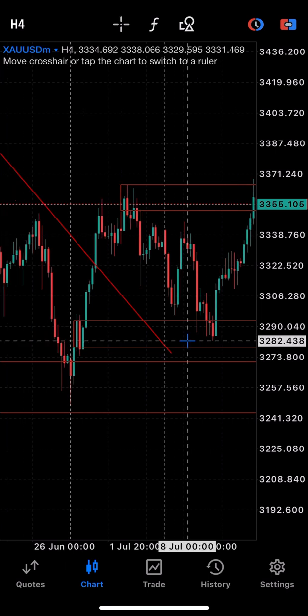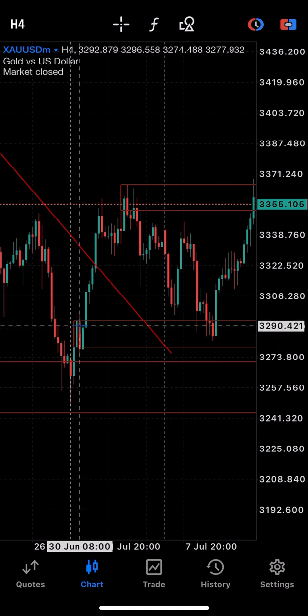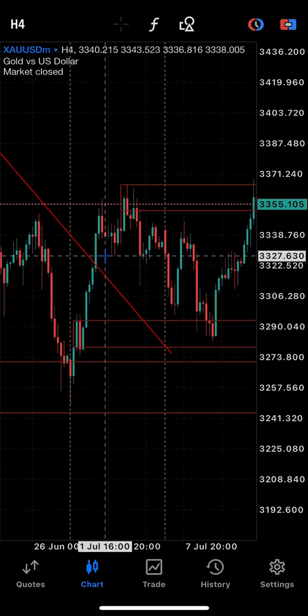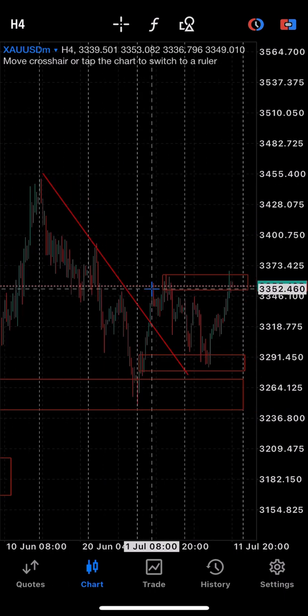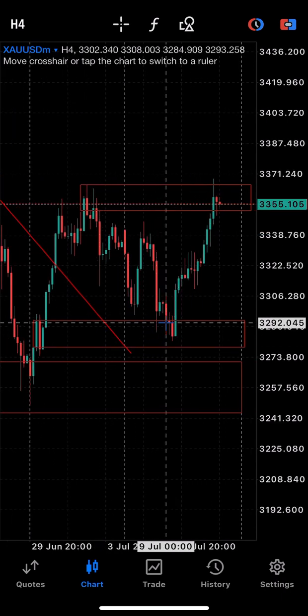We have a clear demand zone here on the 4 hour time frame. If you can see these 3 candles here before the massive buy that broke out this trend line on the higher time frame, the market came back to this demand zone here.